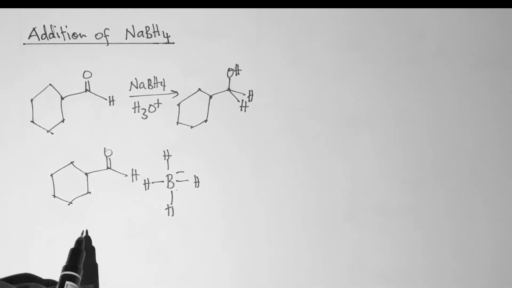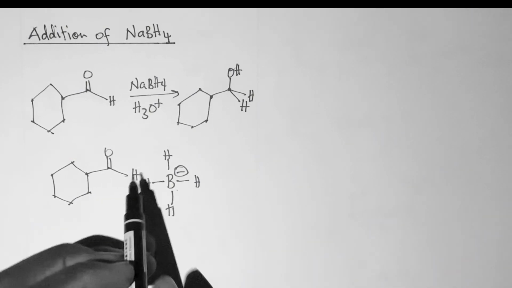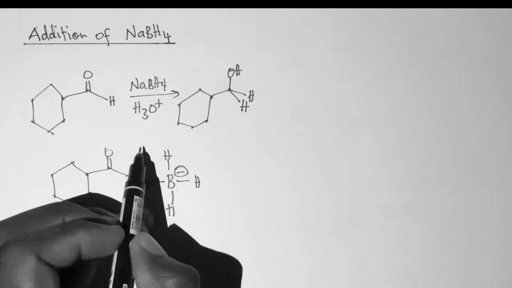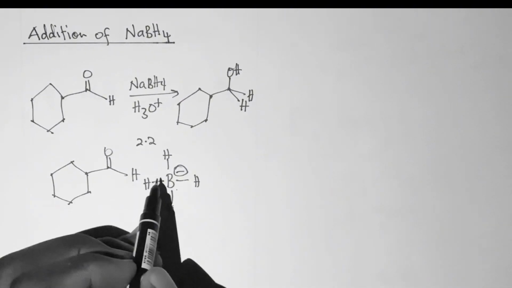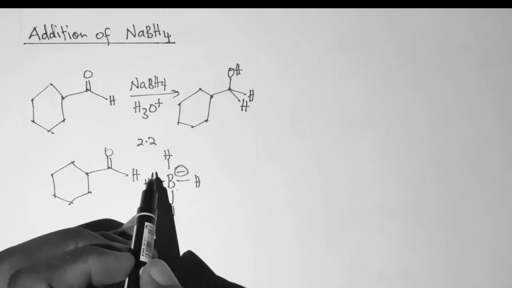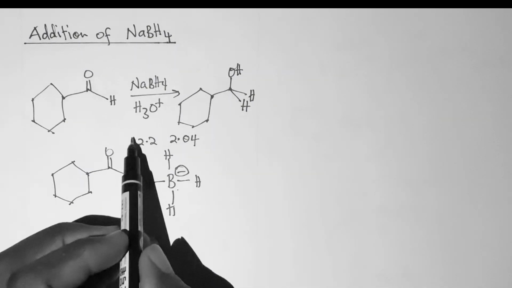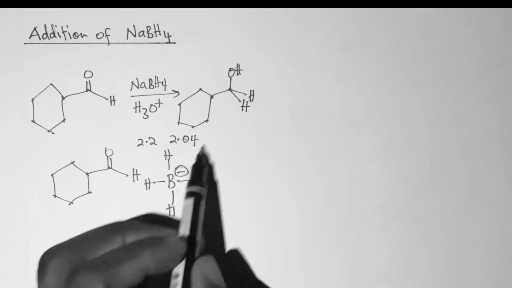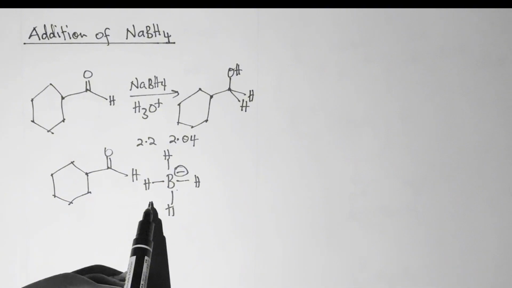So this will have a negative formal charge. Now, the electronegativity value of hydrogen is 2.2, and that of boron is 2.04. So you see that hydrogen is more electronegative than boron, and therefore the hydride will act as the nucleophile.